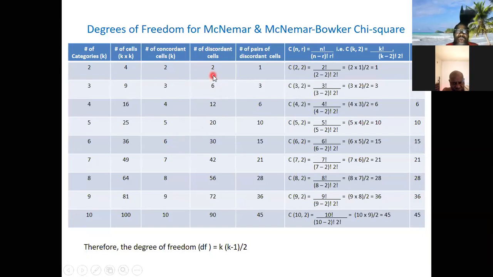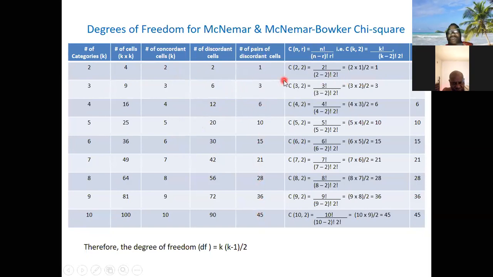Remove that from the total, and it gives you the number of discordant cells. These discordant cells are off the diagonal, so they occur in pairs. The number of pairs of discordant cells will be half of it. So if there are 12 discordant cells, it's going to be 6 pairs. The number of pairs is going to be your degree of freedom.